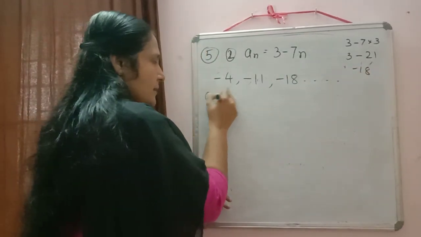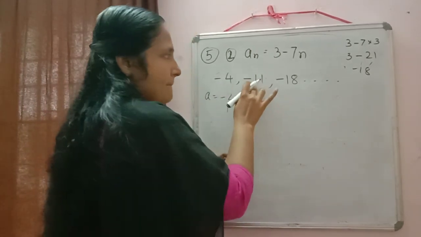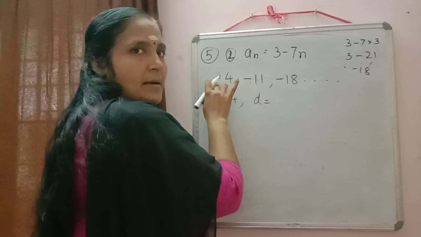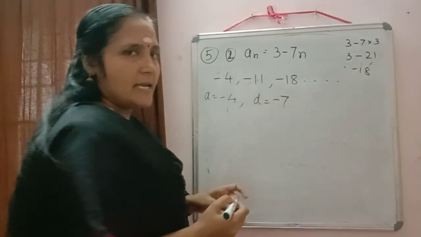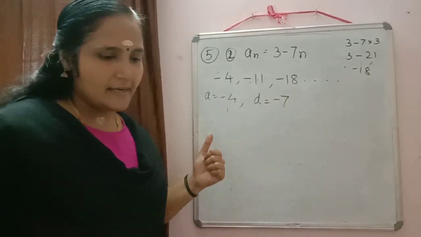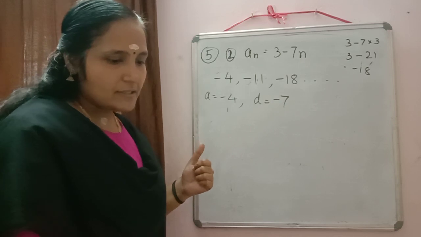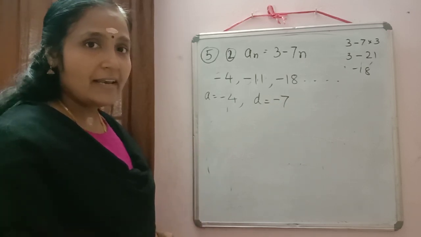What is the first term? A is equal to minus 4. D is equal to minus 11 minus (minus 4). So minus 11 plus 4 will be equal to minus 7. Now one more trick is there in the first question which we did. In that our an was 4n plus 5. What was the coefficient of n? 4.